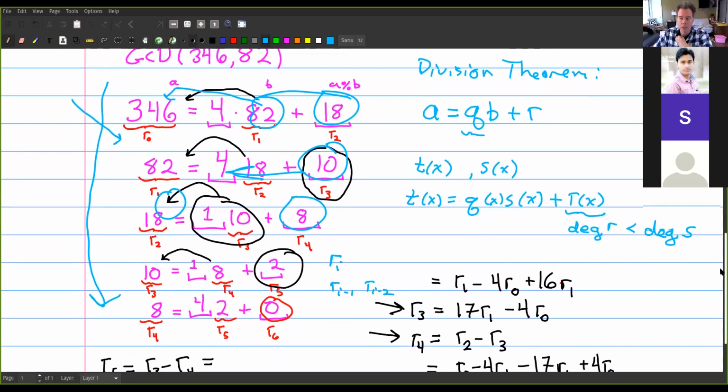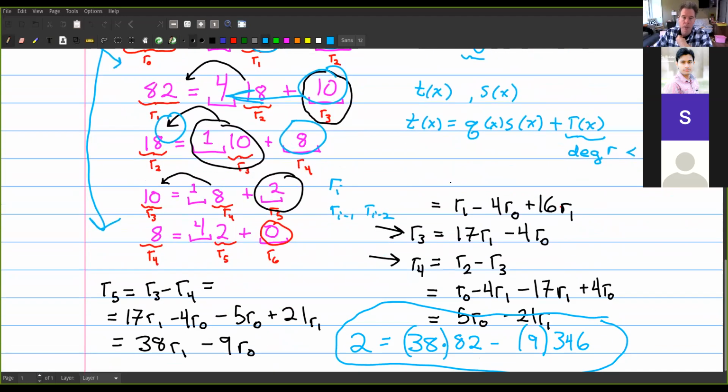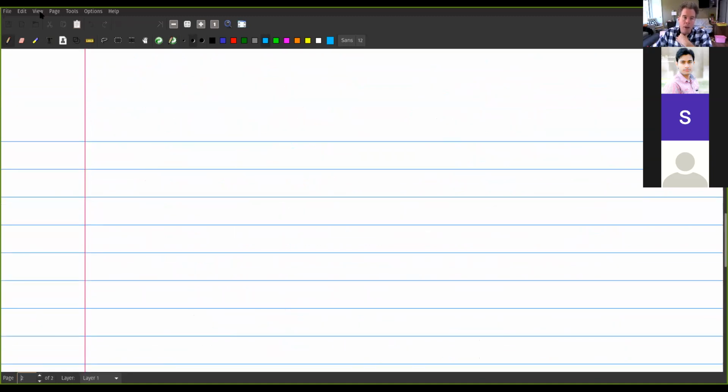You've already seen that modular inverses are important in cryptography because we use them in our description of AES a lot. Let's go to another page. Okay, so suppose, simple example, what is the inverse of 7 mod 22?